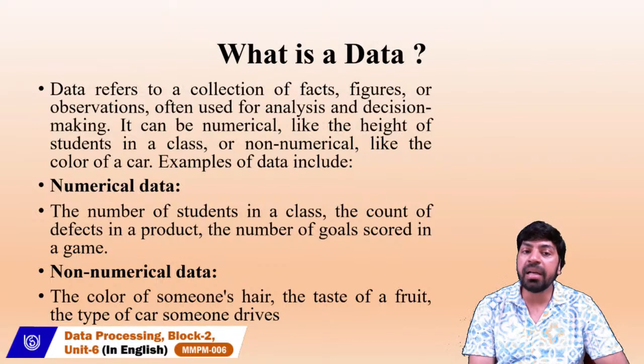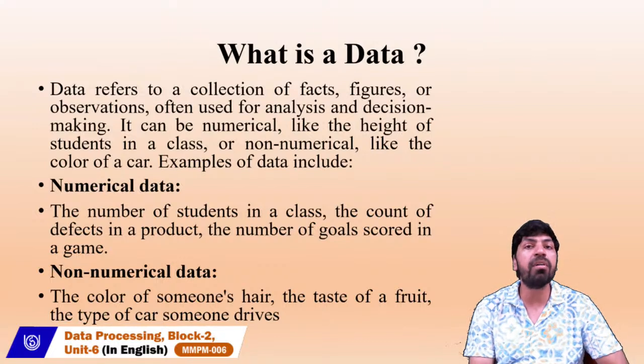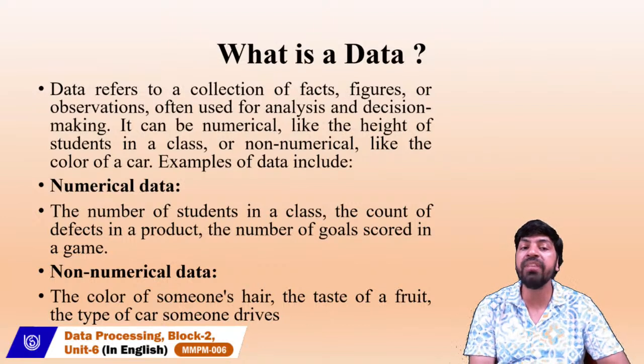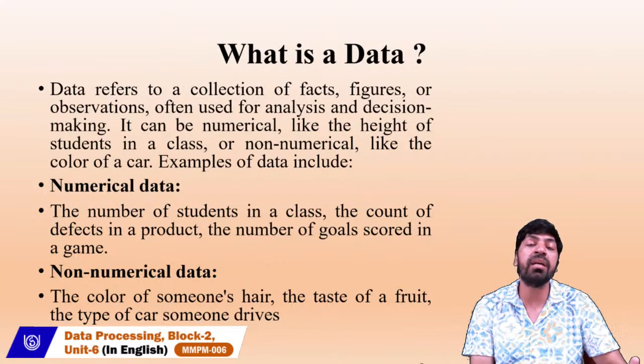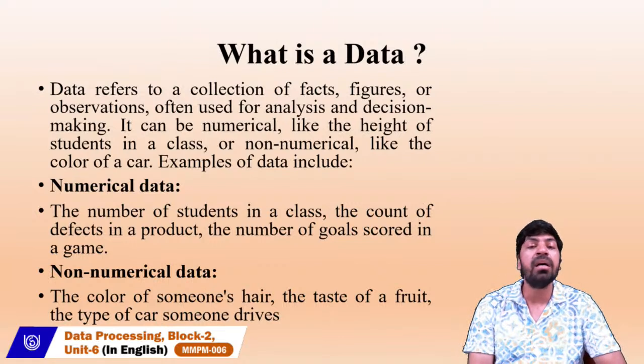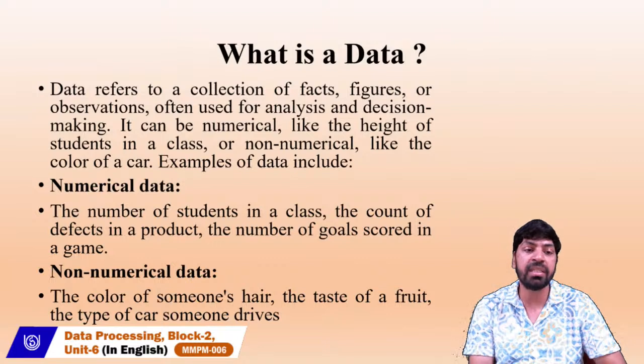The numerical data stands for the number of students in a particular class, a count of defects in a product, or the number of goals a particular player has scored in a chess game or other matches in school or college competitions.